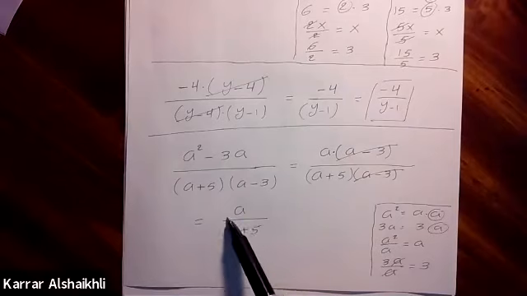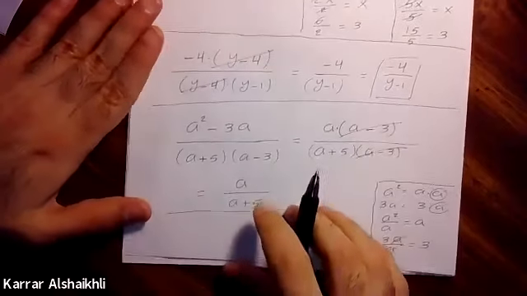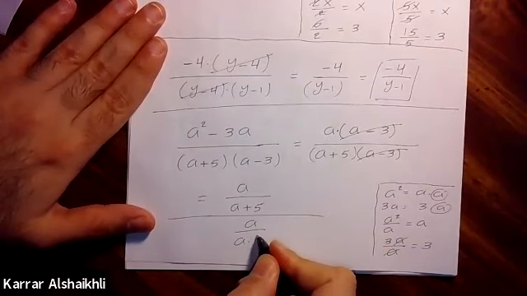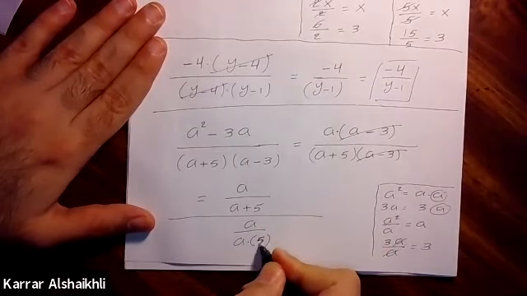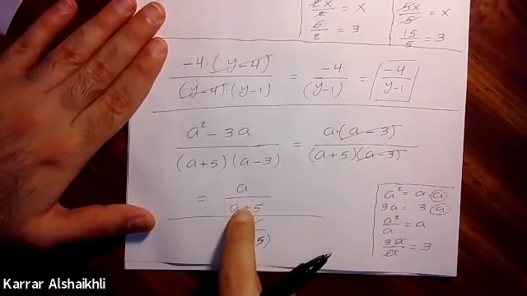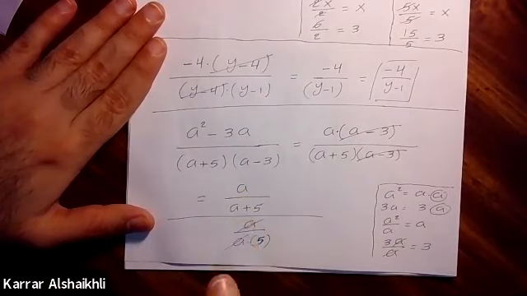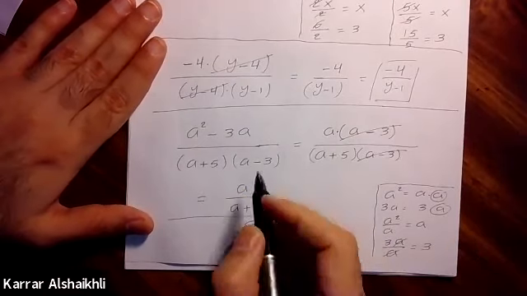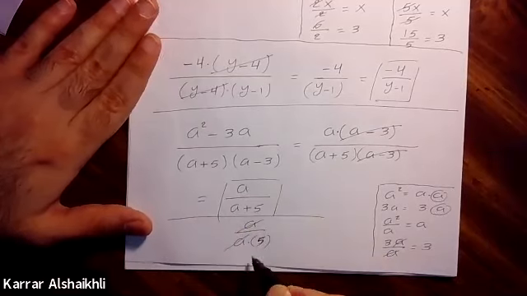If you have A over A times 5, you can cancel these because it's multiplication. But if it's like this one, with a plus between these two terms, I can't cancel this A with this one. So the solution is going to be this one.